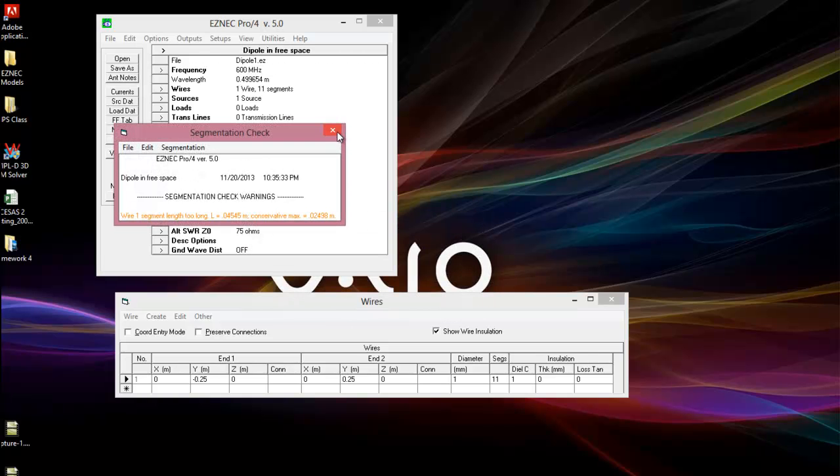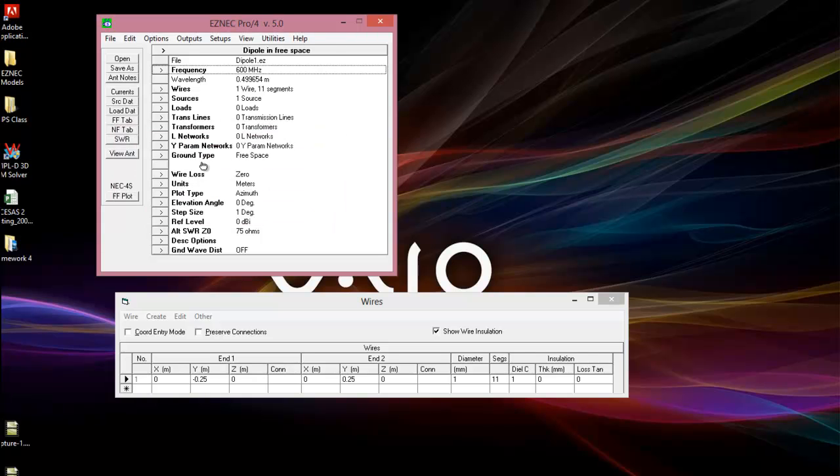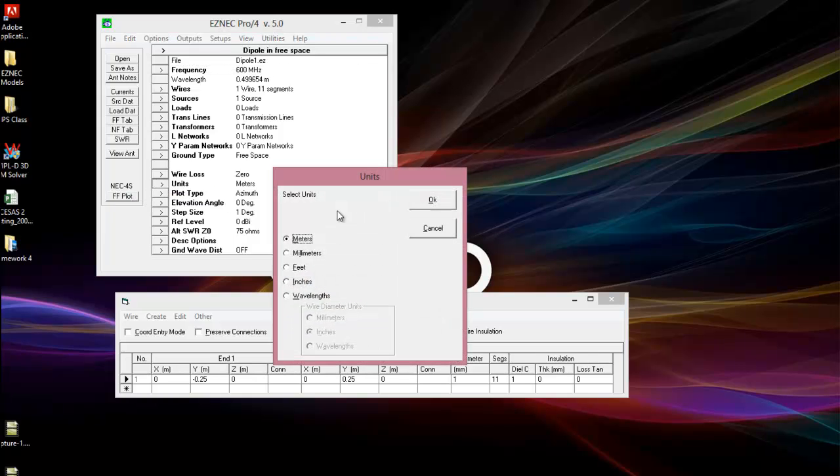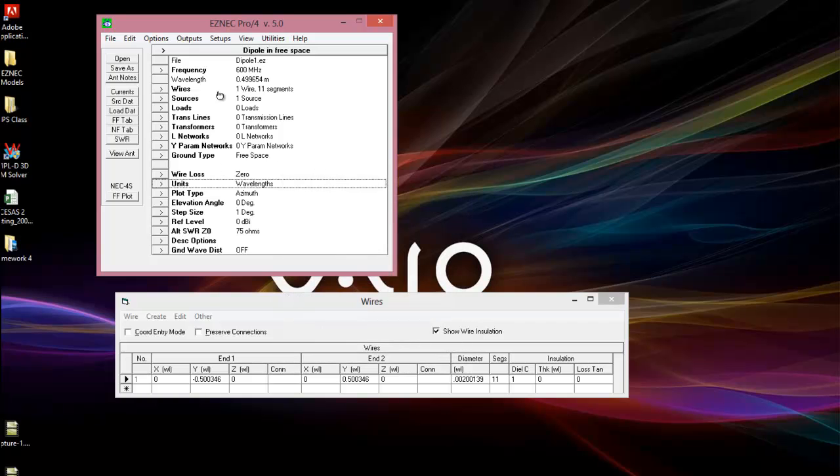Since most of the dimensions are given in wavelengths, I'm gonna change the units from meters to wavelengths. The other thing that I need to do here is the plot type.